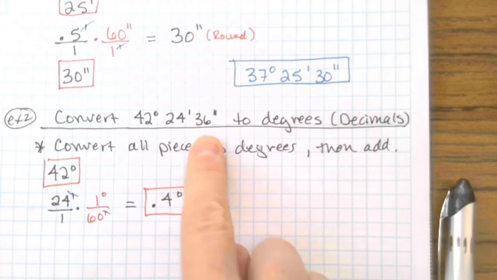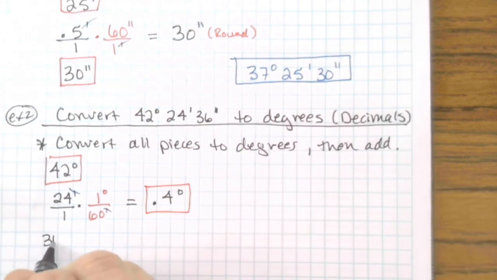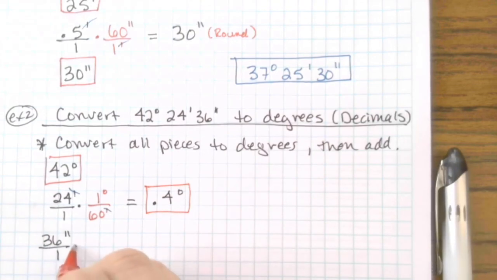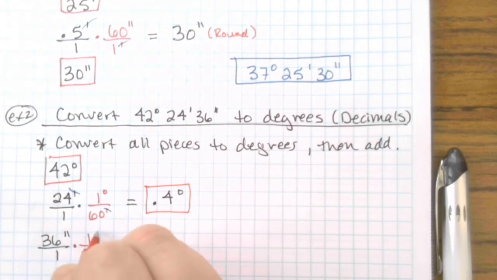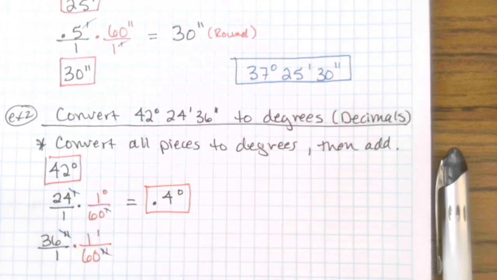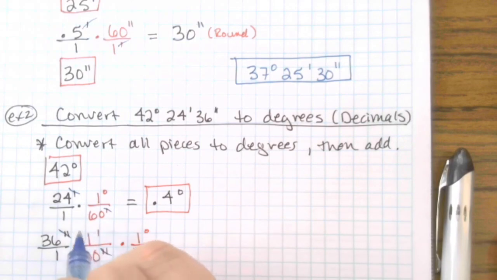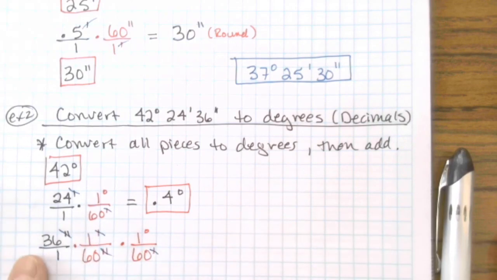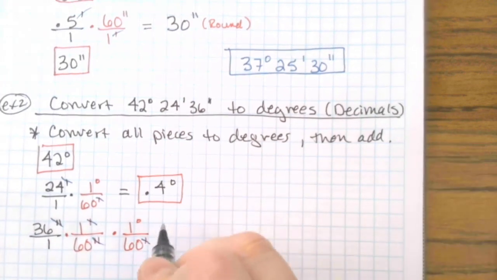Now we're going to do the 36 seconds. So 36 seconds over 1. We're going to go from seconds to minutes. So 60 seconds goes on the bottom, 1 minute goes on the top. Now we're in minutes. Now we need to go from minutes to degrees. There are 60 minutes in 1 degree. So the minutes cancel out, and the only units left on top are degrees.